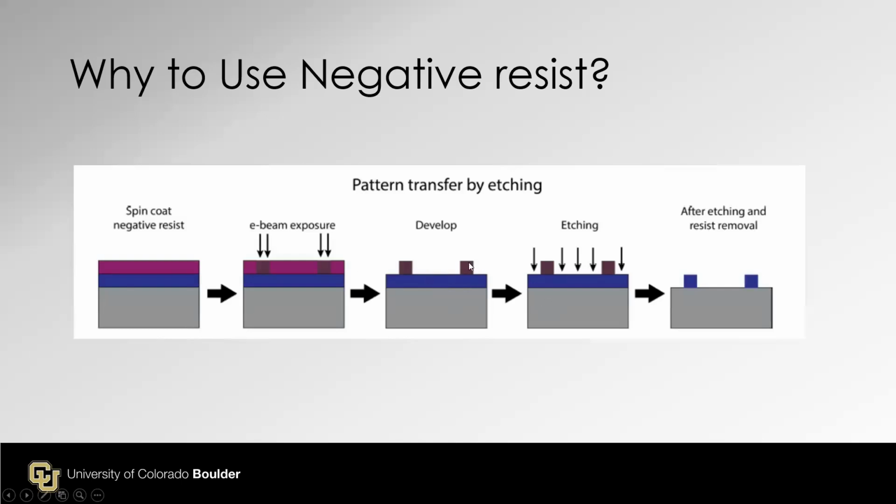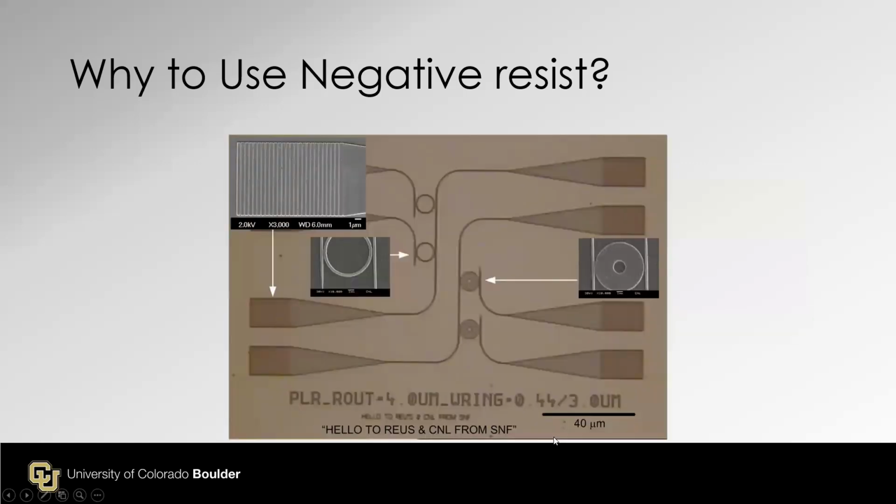So you have something like that. Then you put it in the dry etcher most likely. And after etching, removing everything, and cleaning, you have a thin line pattern on the substrate. It's useful when you want to make waveguide structures.